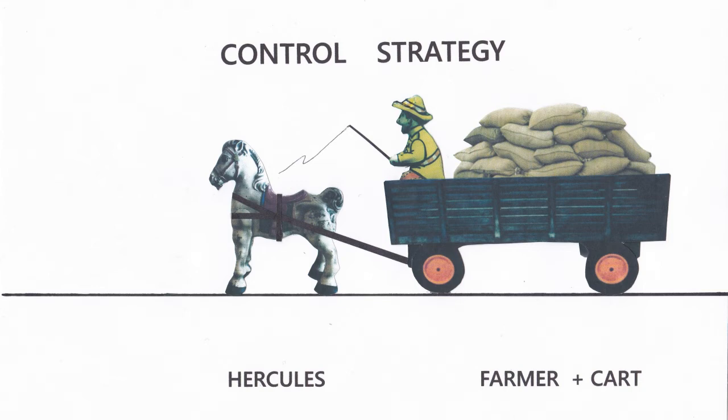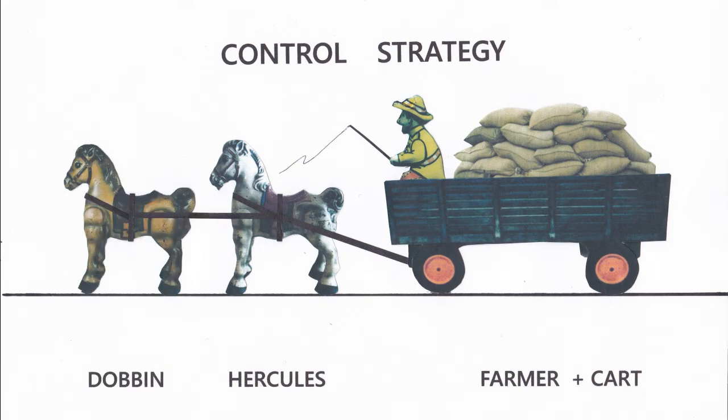On the next journey, the farmer decides that Dobbin should do his bit. Since the two horses are not equal, he decides to harness them in series rather than in parallel. For the purposes of this discussion, we shall call the harness between Dobbin and Hercules drawbar dB1, and the harness between Hercules and the cart drawbar dB2.